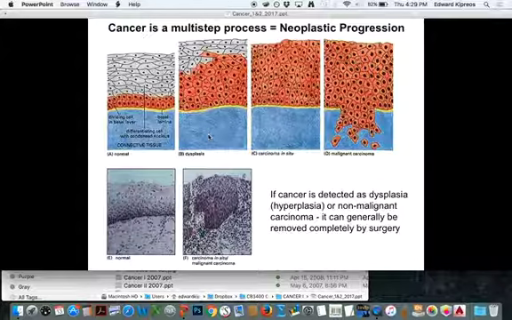You just cut out the whole thing. Not a problem, right? Unless it's in your brain, and then they have trouble cutting out big sections of your brain. But for most things, if it stays in one place, you just treat it with surgery, as long as it hasn't spread somewhere else.